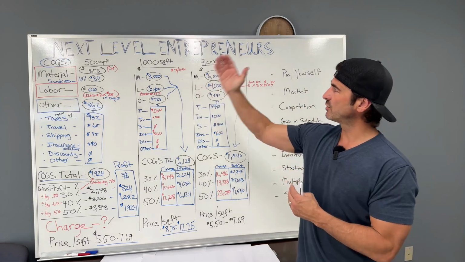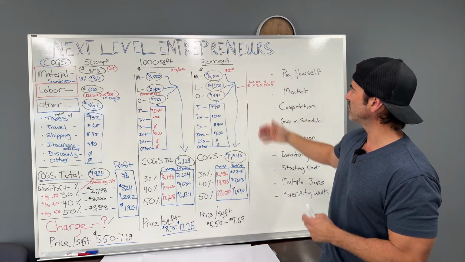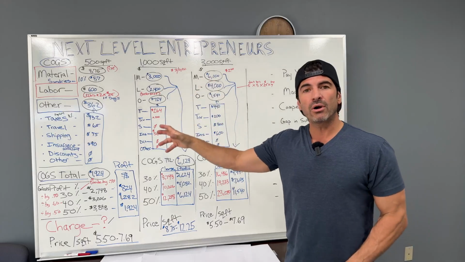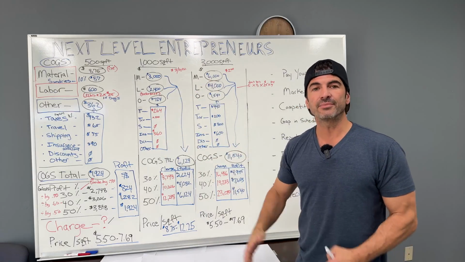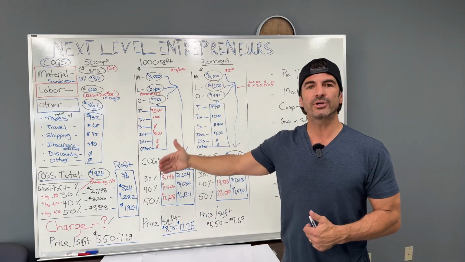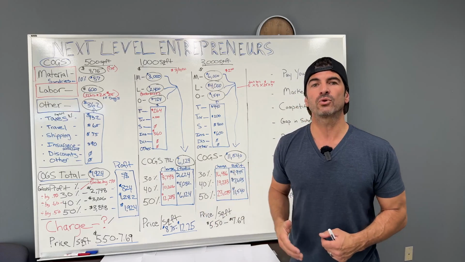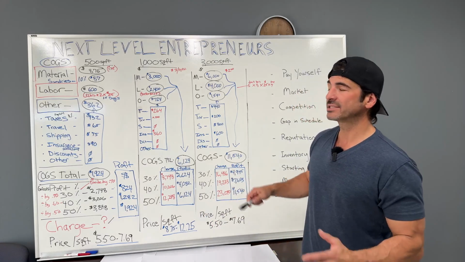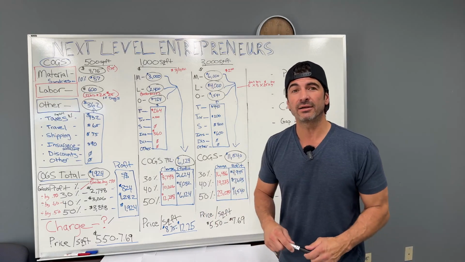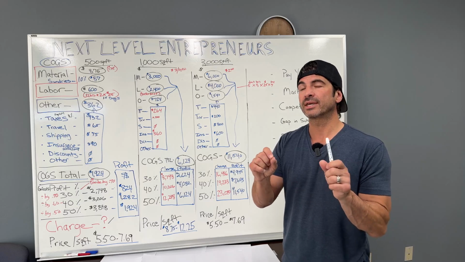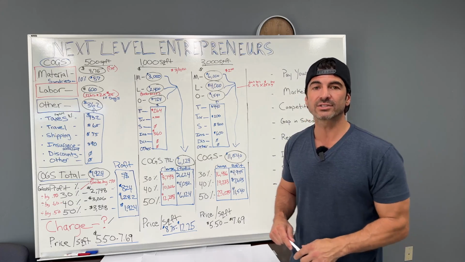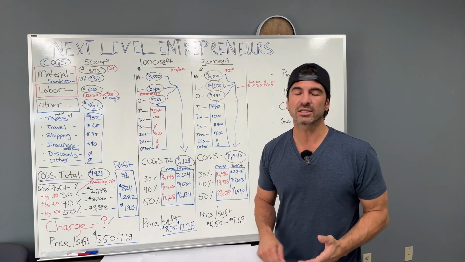Once again, we did a 500 square foot, 1,000 square foot, and 3,000 square foot job. Whatever field you are in, you should be able to apply the same principle to your field or trade, because the actual categories of the costs don't change, but the material costs obviously will change.